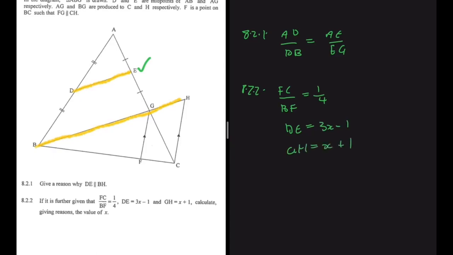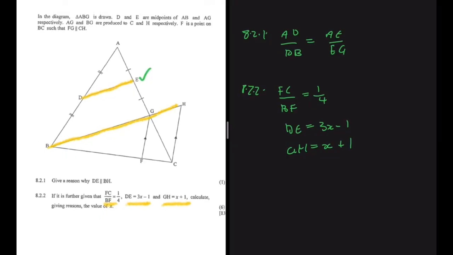Let's calculate, giving reasons, the value of x, right? When you just look at DE is equal to 3x minus 1 and GH is equal to x plus 1, you can think the problem is a little complicated, especially if you look at the sketch. Yeah, you might get intimidated, and then you even see the mark allocation, 6 marks. But let's see what happens.